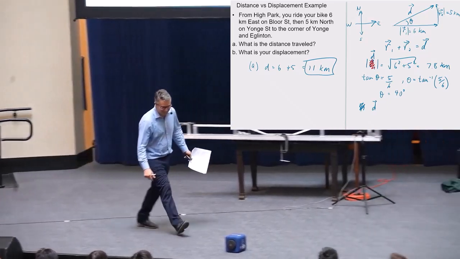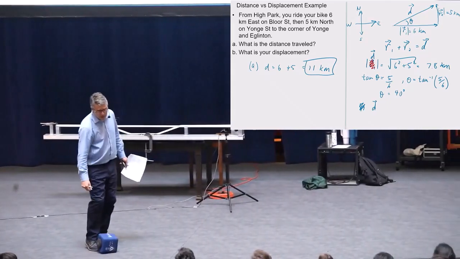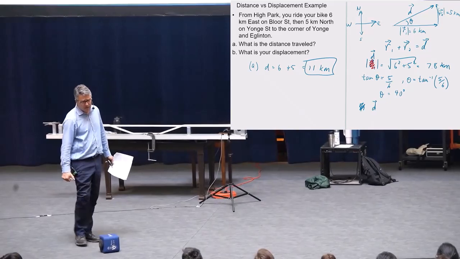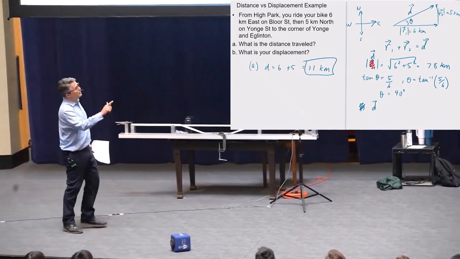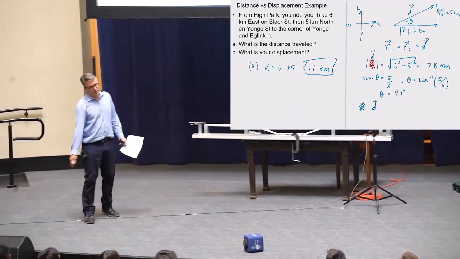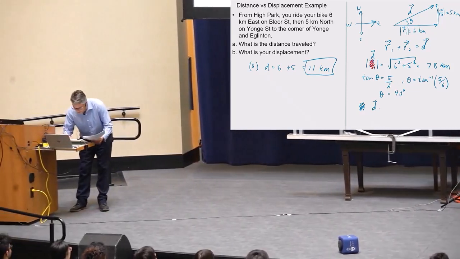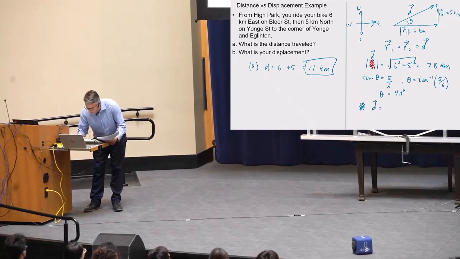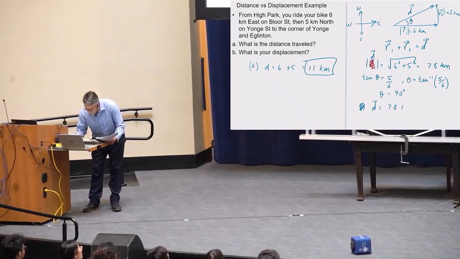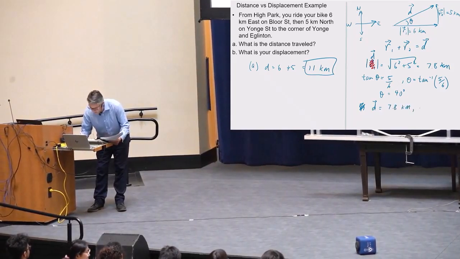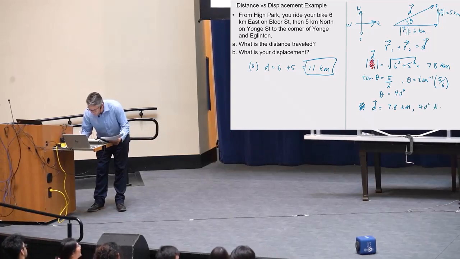Don't we need a direction for theta as well? We need a direction for theta as well. So theta, I just drew it on the diagram. I could say something like d is equal to 7.8 kilometers, and then 40 degrees north of east or something like that.